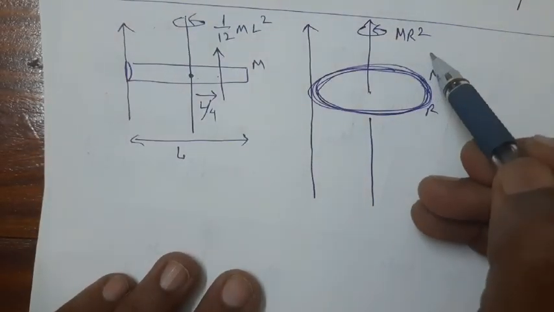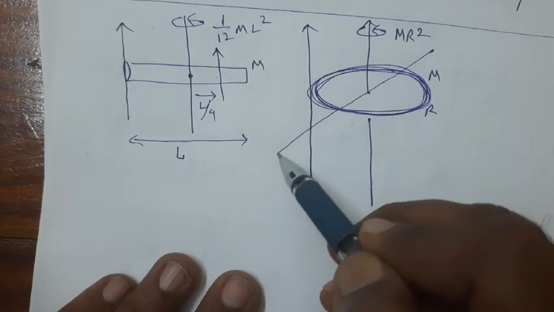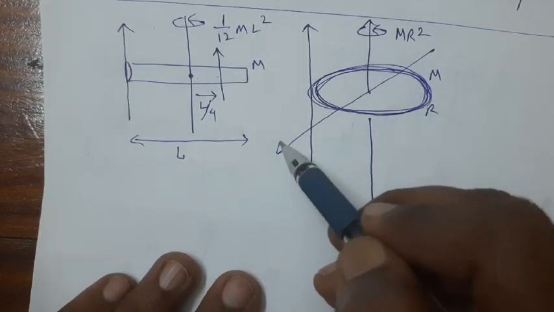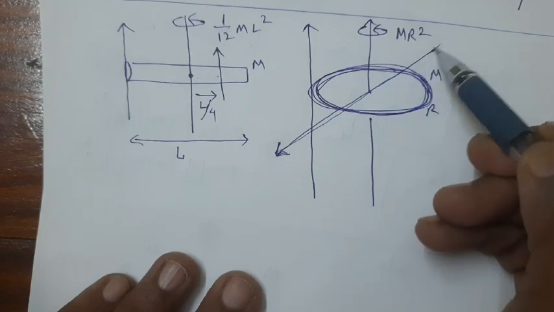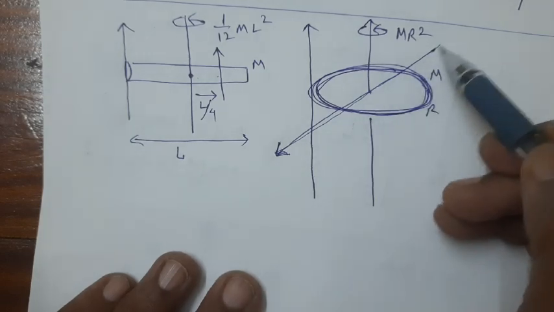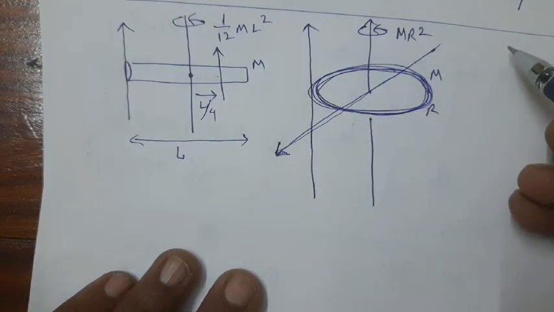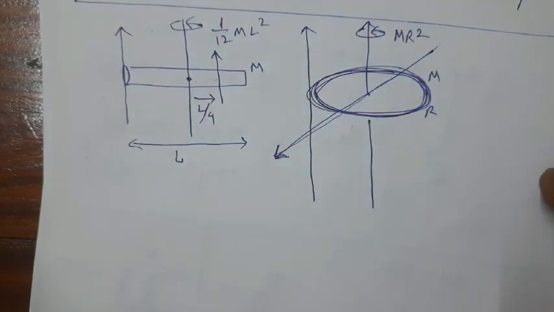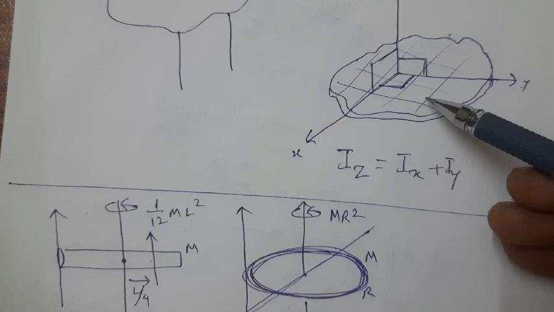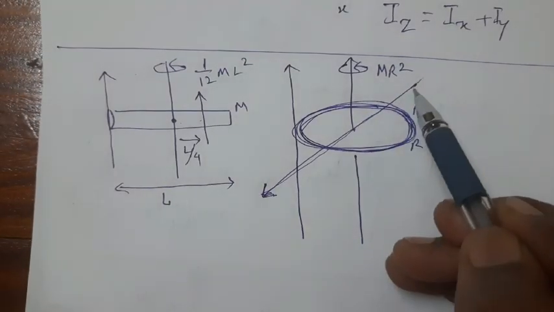Now try to derive the moment of inertia of the ring about an axis which is along the diagonal or diameter of the ring. Correct? This is the diameter of the ring. Okay, therefore, what is the moment of inertia about this? Here we will have to use the perpendicular axis theorem, and one more point is to be used.